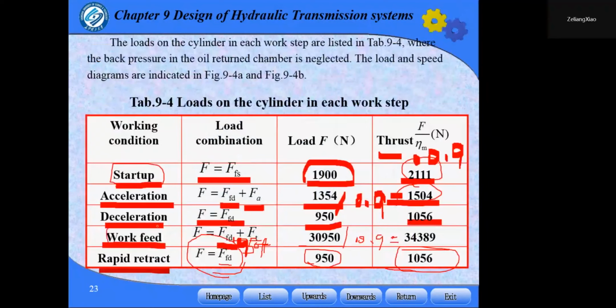Here, working phase, the thrust is this one, which this one.